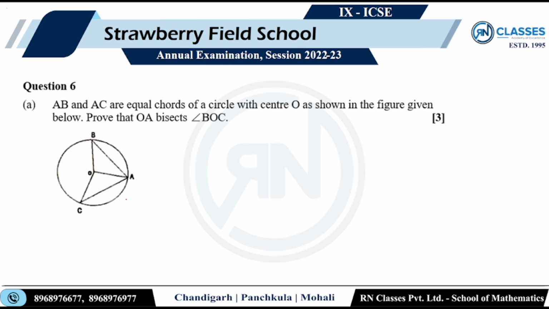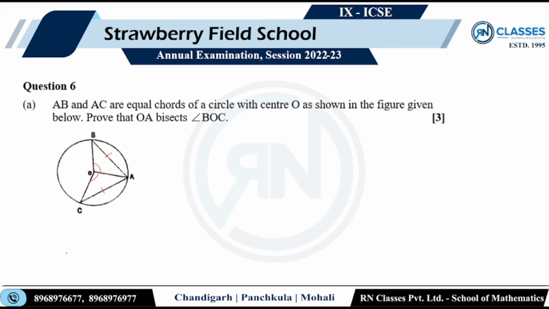Question number 6. Part A. AB and AC are equal chords of a circle with center O. Prove that OA bisects angle BOC. ये वाला एंगल को बाइसेक्ट करता है, मतलब कि ये एंगल और ये एंगल को मेरे को इक्वल प्रूफ करना है.